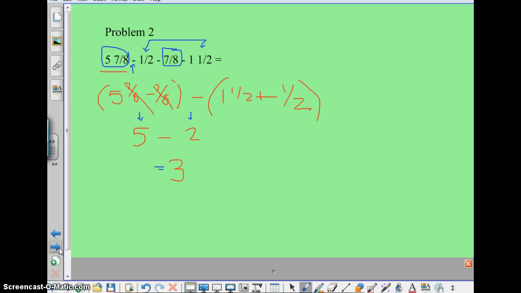All right, let's keep going forward. 2 and 5/6 minus 1/3 plus 1/6. Well, here we would put this 2 and 5/6 and the 1/6 together. And what would I get? 2 and 5/6 plus 1/6 will give me 3.